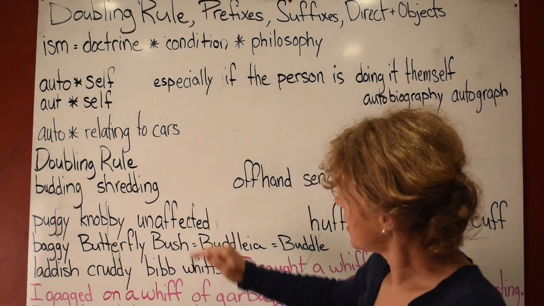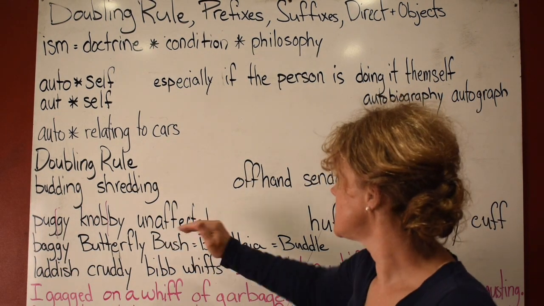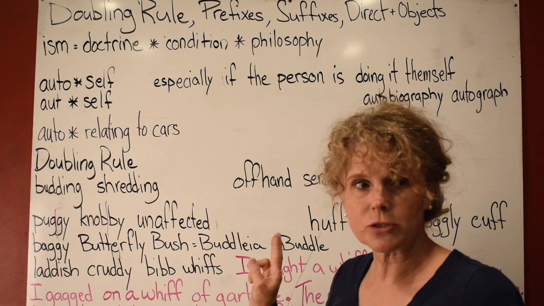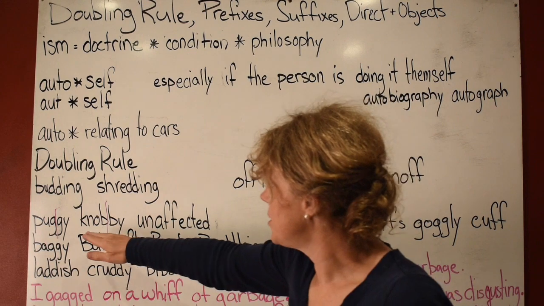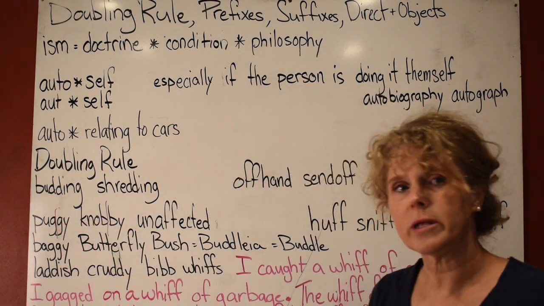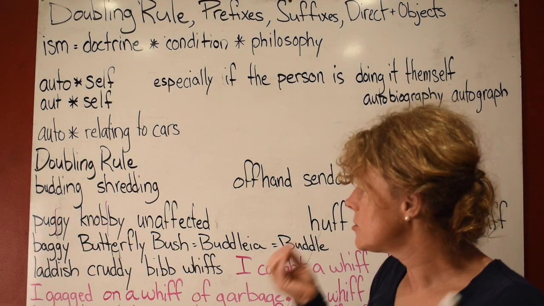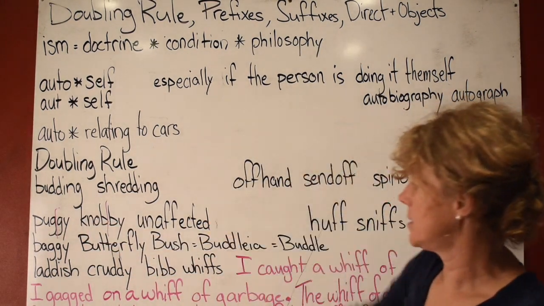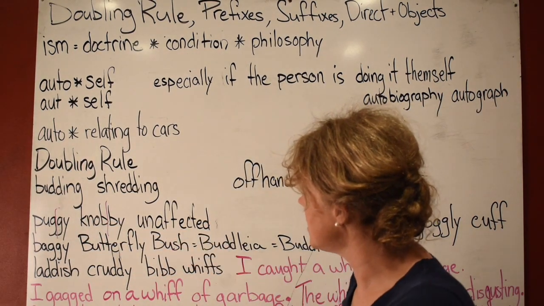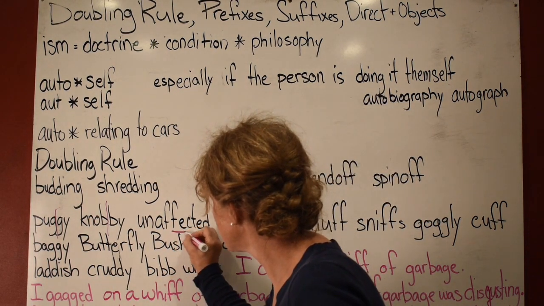Now look at this one, you guys. Why is this doubled? This is why it's really important for you to understand. This one is easier because this is what we actually, so many kids get taught this, bam, bam, bam, but they don't get taught this. Can you see your Latin root in here?